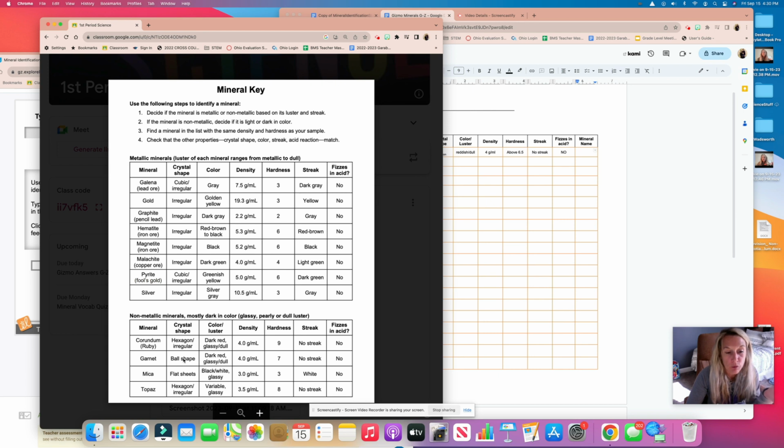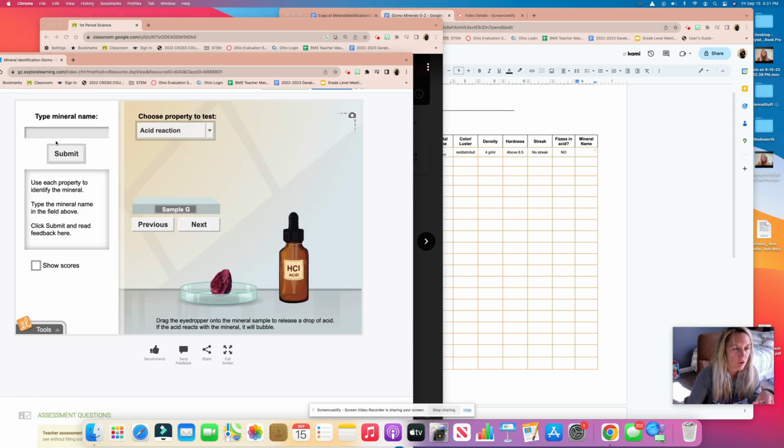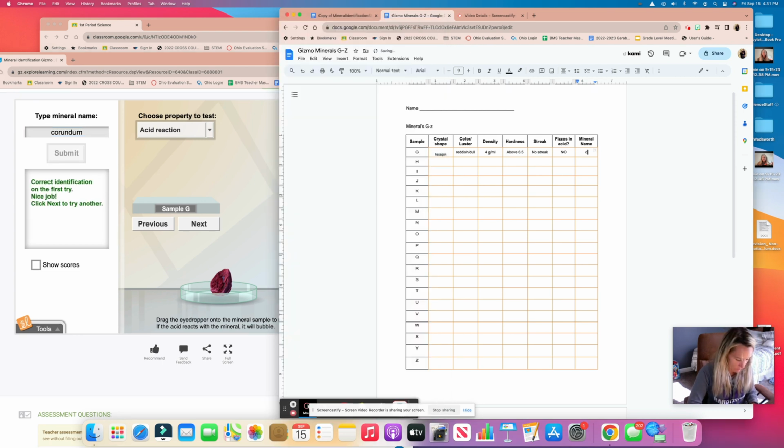Garnet has more of a bell shape to its crystal structure, whereas corundum is a hexagon, but you may not have even gotten that one right. So you could just try both, but because I knew that it's a hexagon shape, we're going to go ahead and try corundum and see what happens. All right, here we are. Corundum it is. So the first one is corundum.